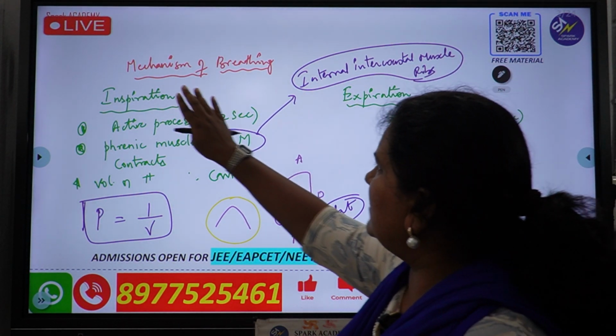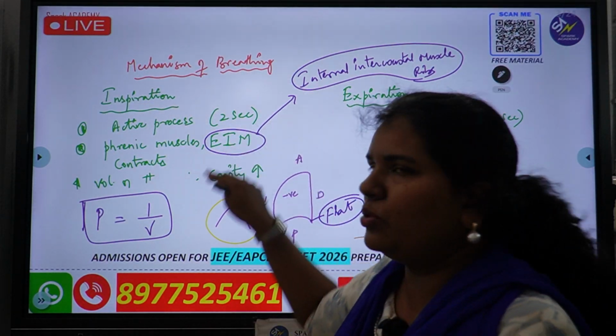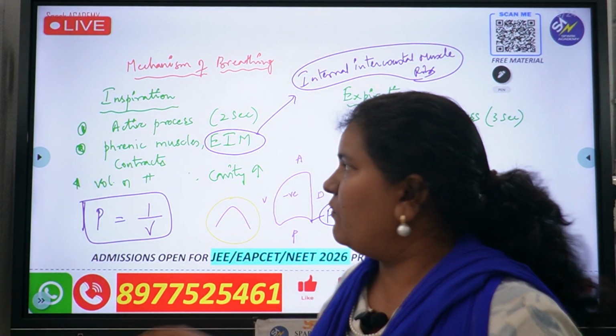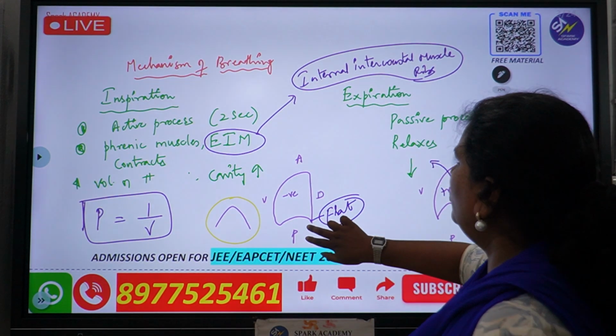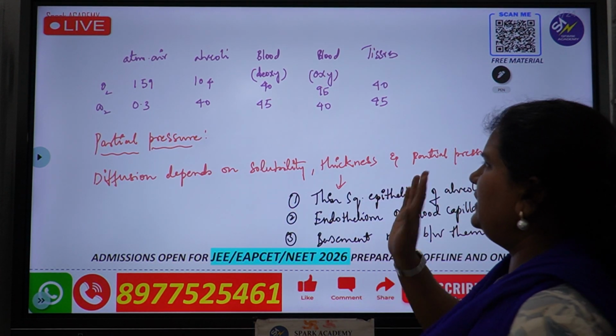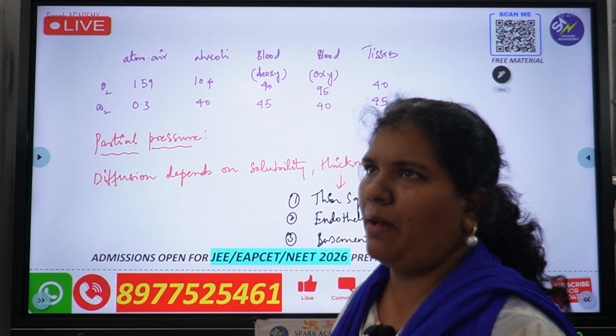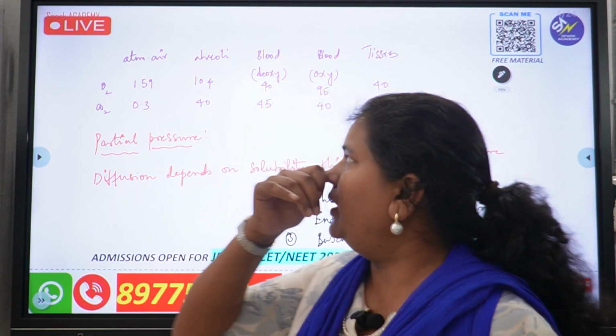But usual గా ఇన్స్పైర్ చేసినప్పుడు, ఎక్స్పైర్ చేసినప్పుడు which muscles do we use? We use external intercostal muscles. Okay, so all of you should remember that this movement of gases always happens whenever there is a pressure gradient.